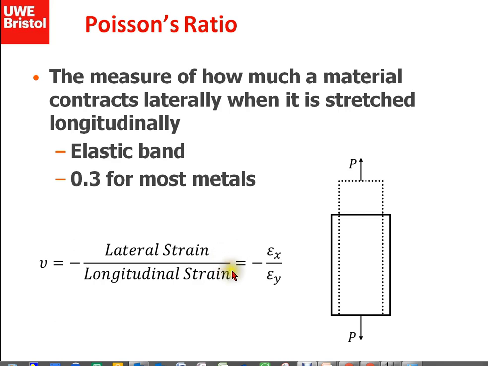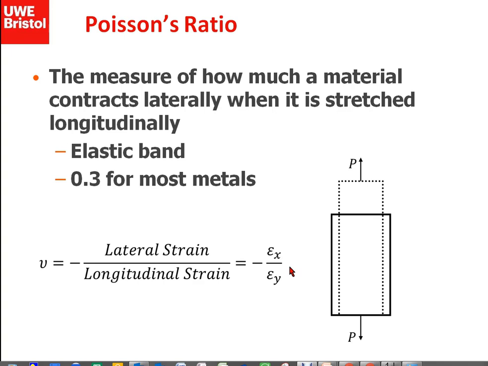Okay. Now the other thing that's interesting about the Poisson's ratio is that we use a minus. So I'm pulling it apart, and what's going to happen? I'm going to get an extension, so I'm going to get a positive. I'm pulling apart in my y direction here, so I'm going to get a positive y as it gets pulled apart.